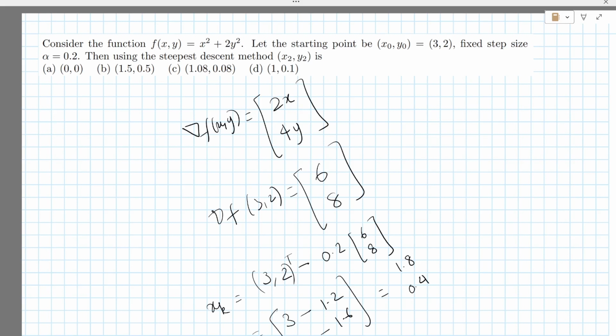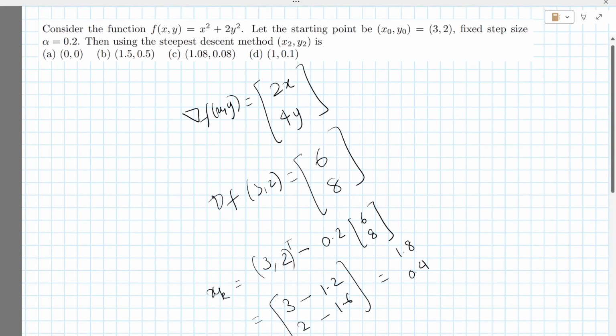Now we have to find the derivative again, which is 2 times this and 4 times this. So 3.6 and 1.6.